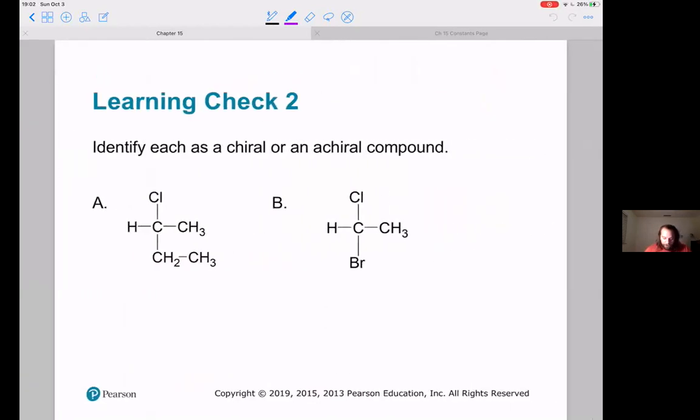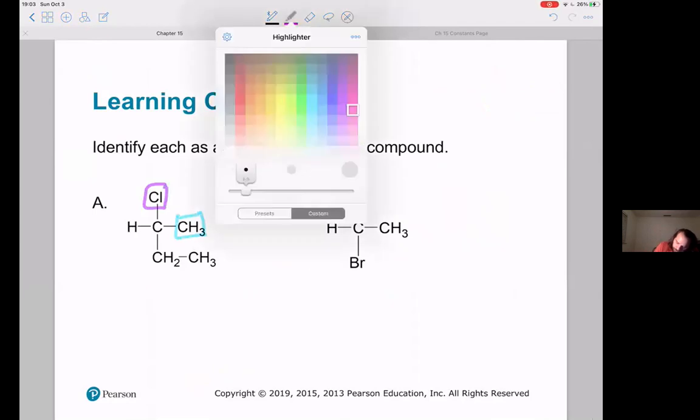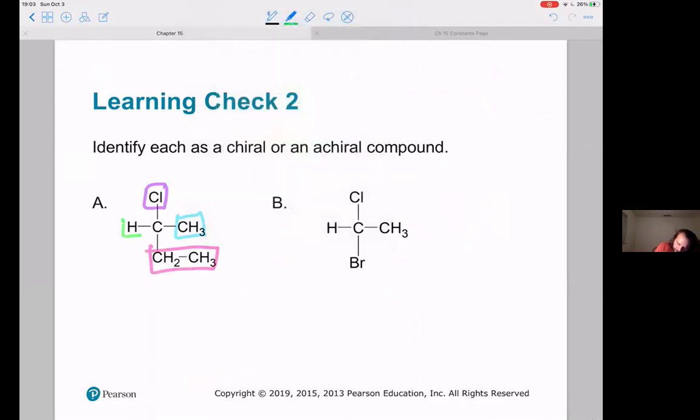All right, so classify each of these as either chiral or achiral. Whenever I'm looking for a chiral molecule, what am I looking for? For that central carbon to be bound to 4 different groups. So this is 1, this is 2, this is different, and lastly, this is different as well.